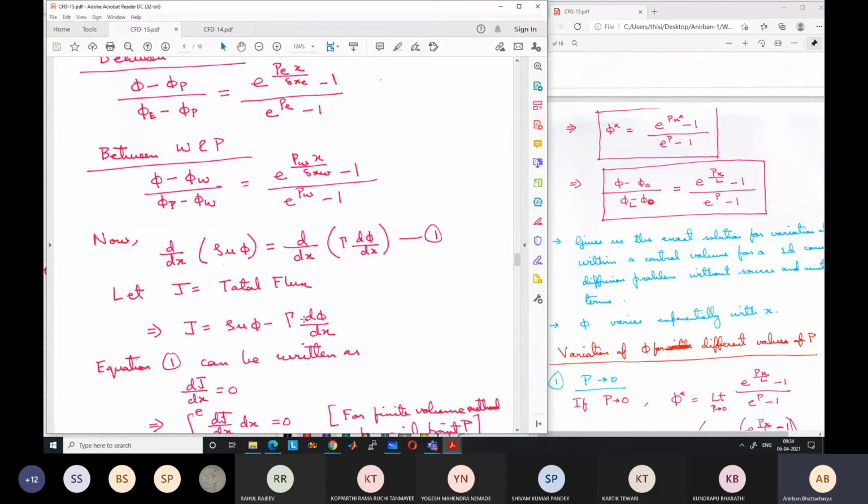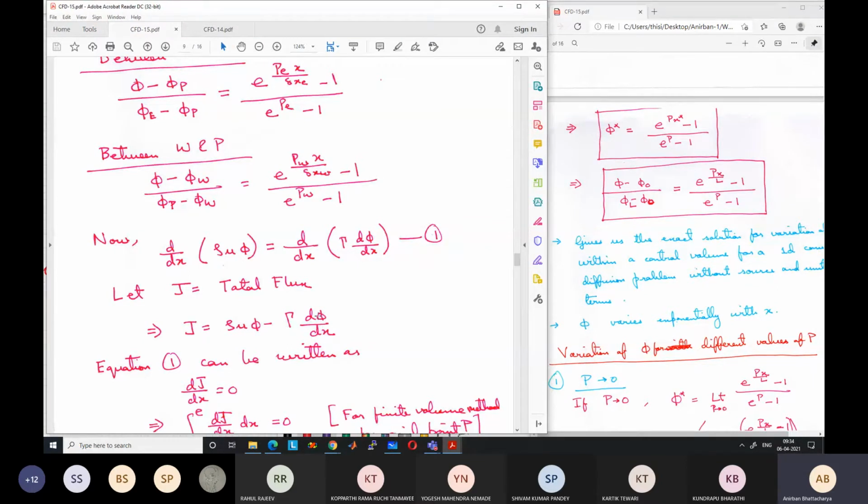Okay, the negative sign is there because the flow occurs along a negative gradient, from a higher value of phi to a lower value of phi. If phi is decreasing, there is positive flow. So flux is positive if the slope is negative.